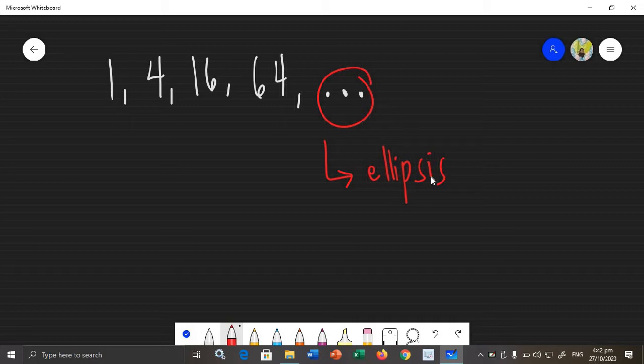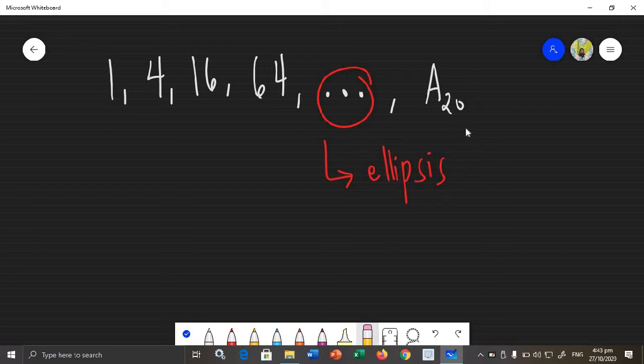So here, I cannot say that the number of terms is only 4, because there is the presence of an ellipsis. It means the sequence goes on continuously, without end. And what's more, there is no a sub 20 written. If a sub 20 were written there, it would mean that the sequence stops at the 20th term.